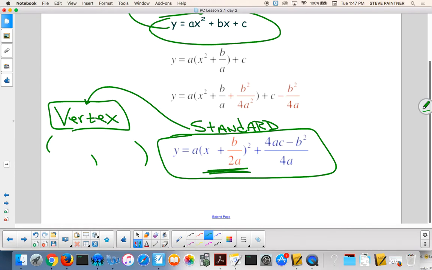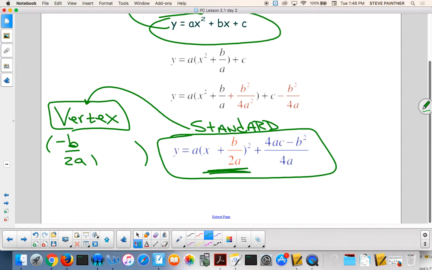Right or left? B over 2a, he says. Move it b over 2a. Well, which way? It says plus. Left. You got to go left because it says plus. So left would be how far? It'd be negative b over 2a.